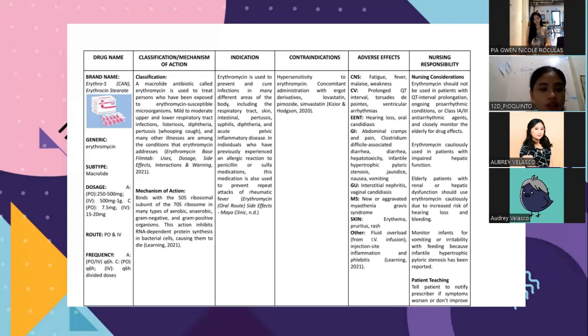So the indication is that it is used to prevent and cure infection in many different areas of the body, including the respiratory tract, skin, intestinal, pertussis, syphilis, and diphtheria, and acute pelvic inflammatory disease in individuals who have previously experienced an allergic reaction to penicillin or sulfa medication.